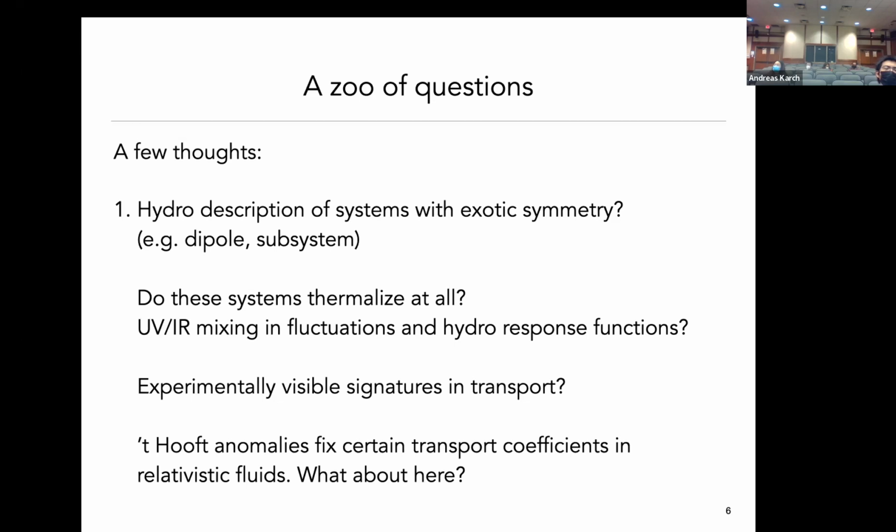But assuming that they do, or at least if one focuses one's efforts on those systems that are chaotic, that do thermalize, there are a number of questions that arise beyond the simple construction of the hydrodynamic description as informed by symmetry. For instance, a theme that appeared in the panel yesterday was the fact that in models with fractons, or in models with these exotic symmetries, you can have UV-IR mixing.